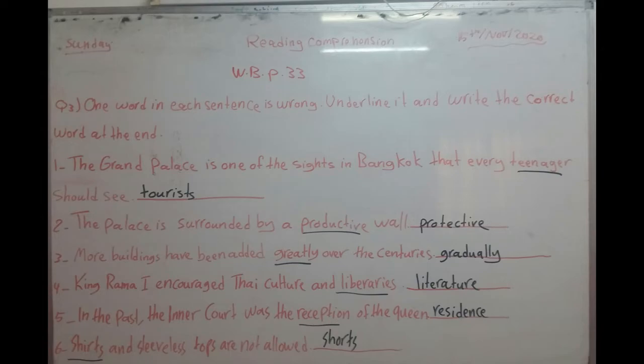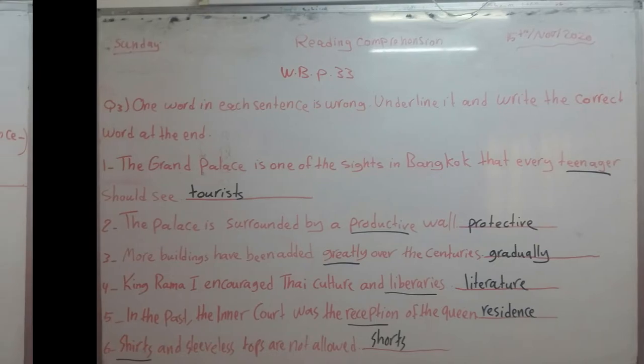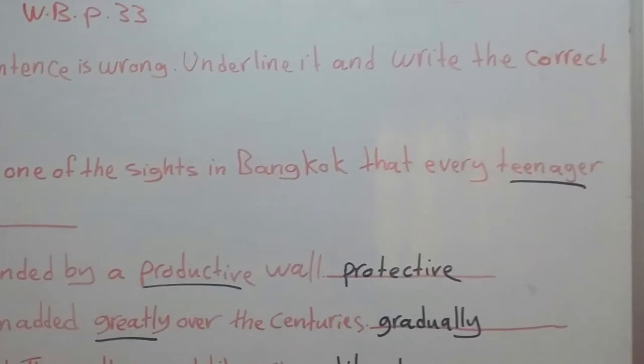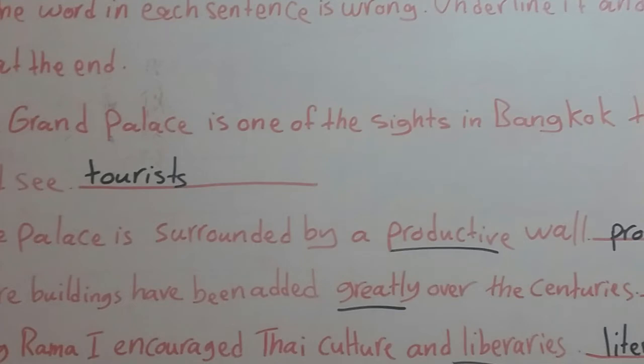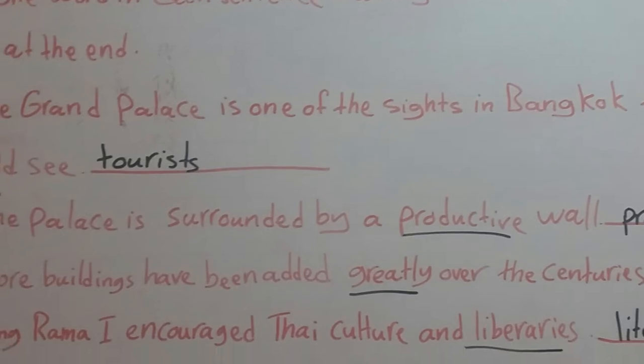Number 1. The Grand Palace is one of the sites in Bangkok that every teenager should see. So the wrong word here is teenager, معناها مراهق, and the correct word from the lesson is tourists, اللي هي السياح.